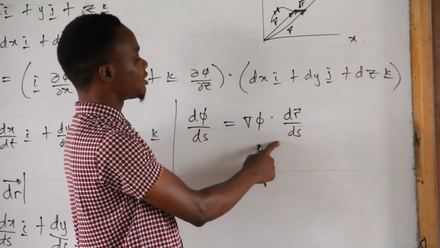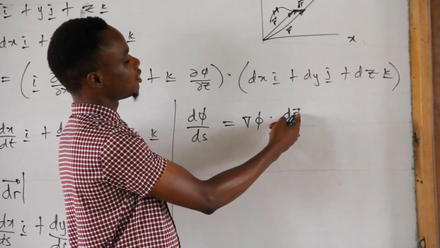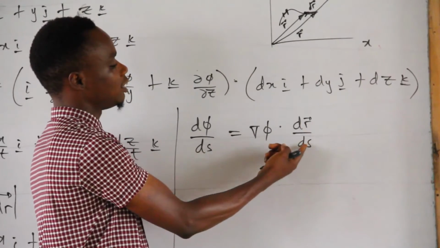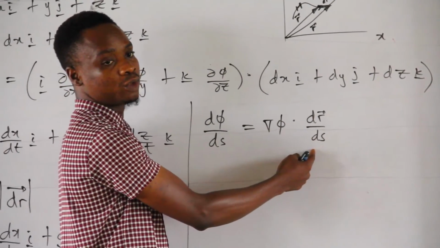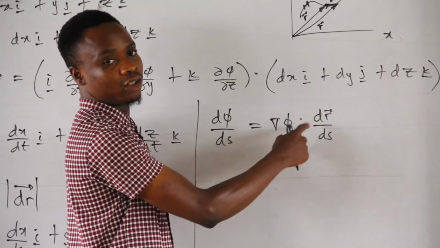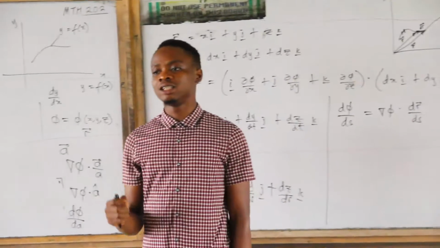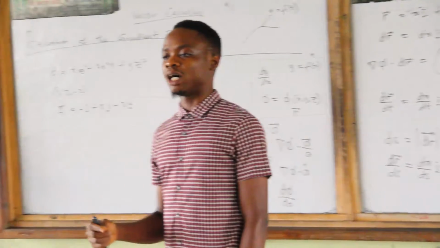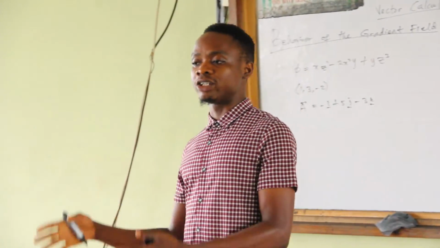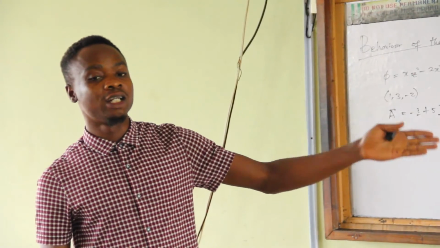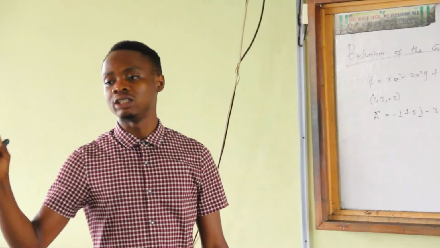What I have here is the differential in the direction of r, and I'm dividing by its modulus, which means what I have here is just the unit vector in its direction. Is that very clear? So if I desire the derivative of phi in any direction, what I need is to obtain nabla phi, then dot it with the unit vector in that direction.